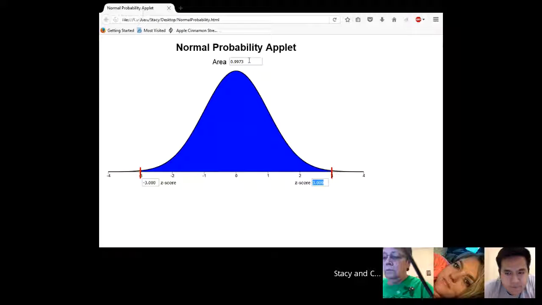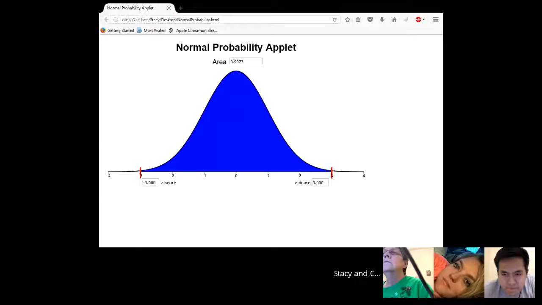And then 0.997. Okay, 0.997. Looks like they're all the 68, 95, 99.7 rule. That's what they're doing with us there.